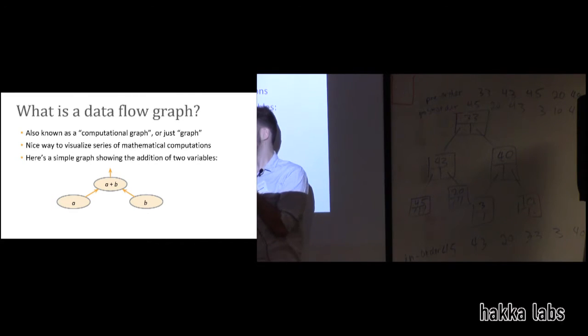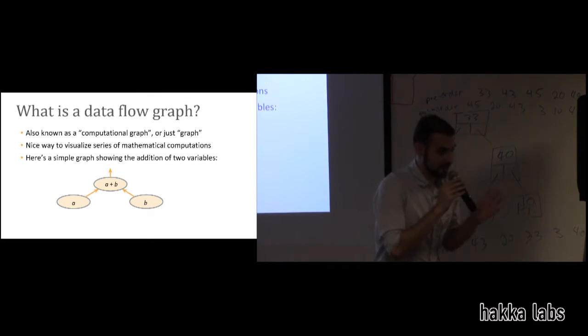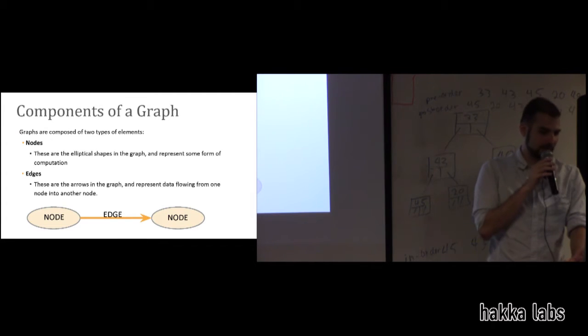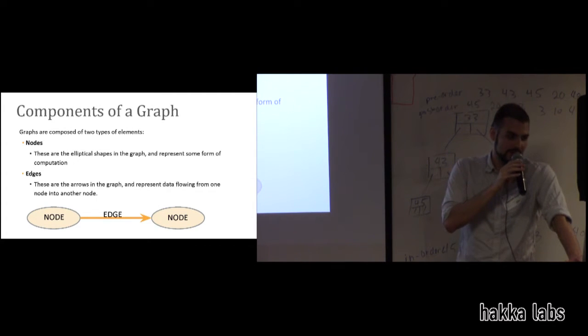We end up with A plus B, and then this operation will output the value of A plus B. Pretty simple, right? And the idea is that we can chain these together. We already went through the nodes and edges before, right? So we have nodes representing operations. We have edges representing numbers.